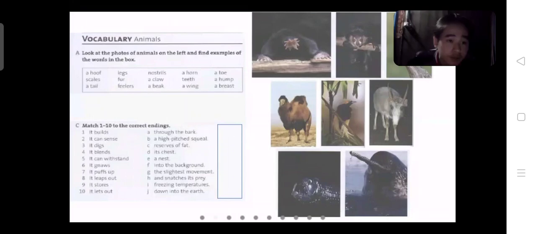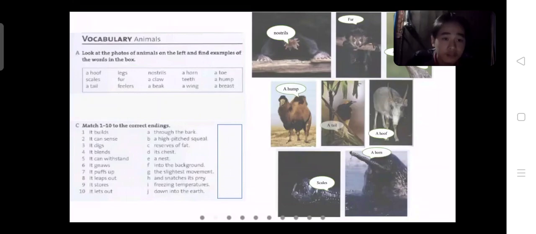The first word is a hoof. Teacher, click on the screen. A horn, legs, nostril, horn, a toe, a scale, fur, a claw, teeth, humps, a tail, feelers, a back, a wing, and a breast. You see the words on the picture, which is easy to understand.